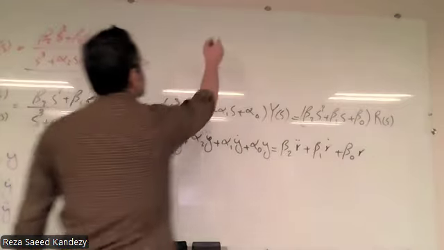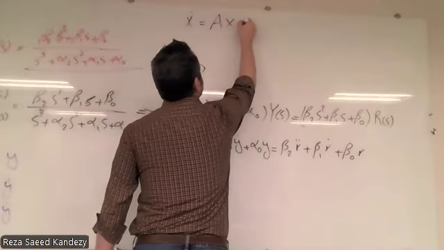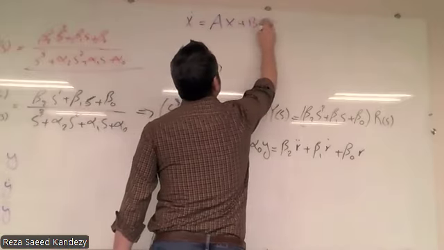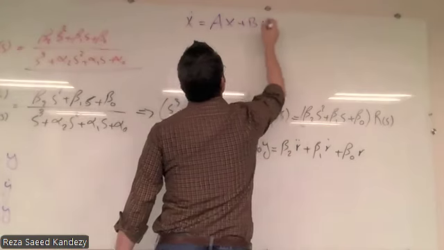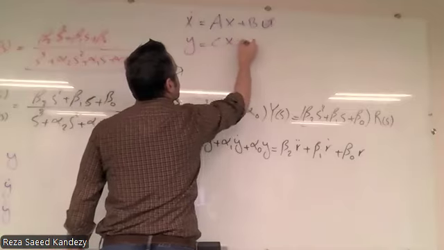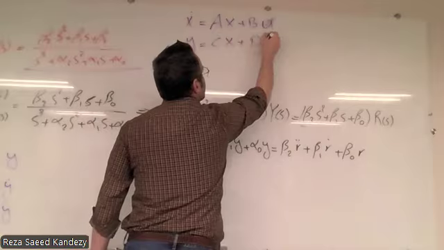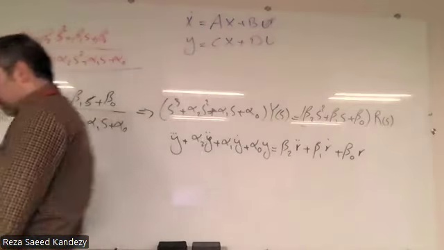What we want is x dot equal to Ax plus Bu, which is r, and y equal to Cx plus D. What did I miss?